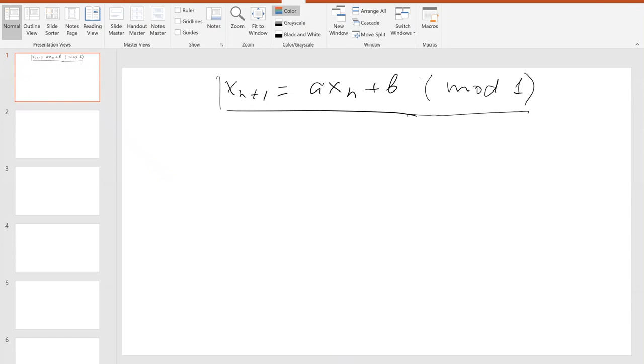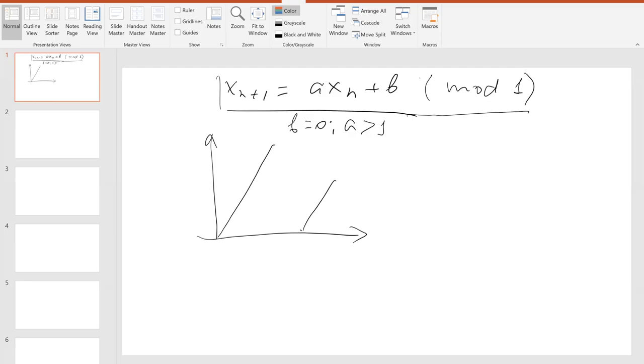Now, if we want to plot it, it will be something like this. Let's plot, for example, b is 0 and a is more than 1. So it will be something like this. The slope is given by a.